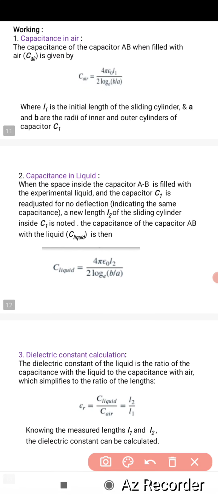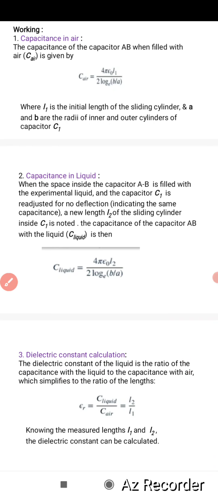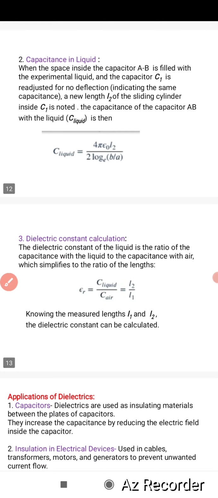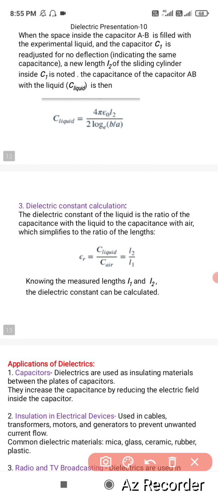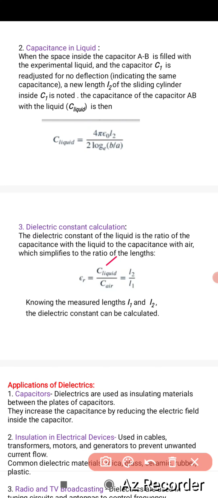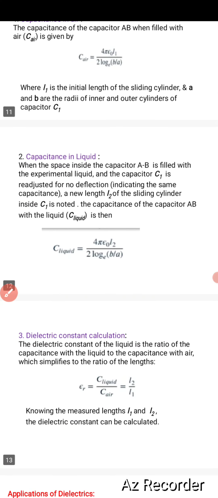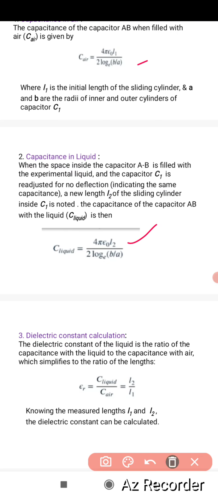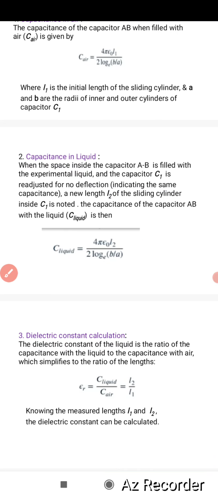Next, the dielectric constant is measured. The dielectric constant of the given liquid is the ratio of the capacitance of the liquid to the capacitance in air, which simplifies to a ratio of lengths: epsilon r equals C of liquid divided by C of air. Dividing these two equations, we get L2 by L1.